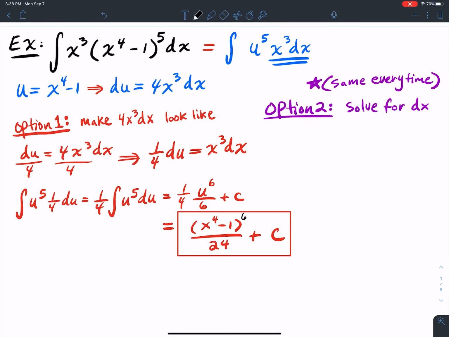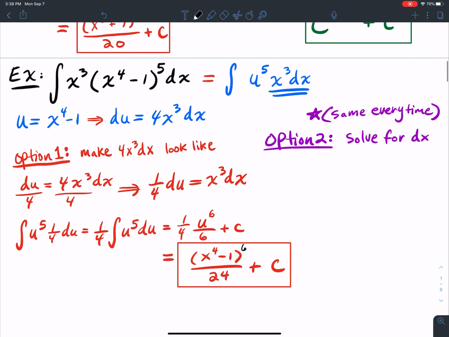So option 2, what does option 2 say to do? So option 1, we made the differential look like what was inside the integrand here, okay? Option 2 says just solve for dx, and then you'll figure it out. So what do I mean by that?